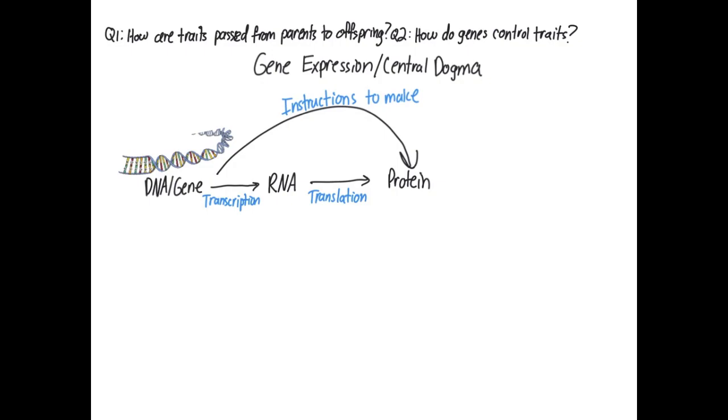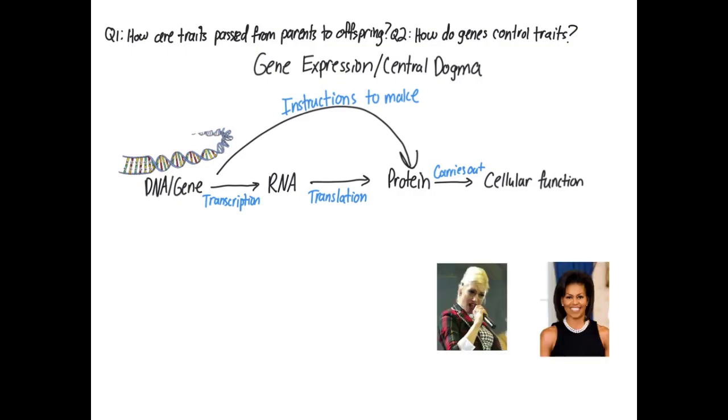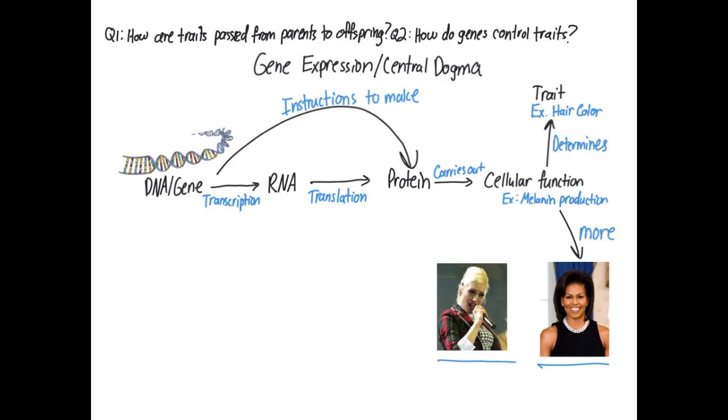This protein carries out a cellular function, some job inside the cell or sometimes even outside of it. In our hair color example, it would be the production of melanin, which is the pigment that makes hair darker. In our example, how much melanin a given person's proteins produce determines hair color, which is a trait. The proteins that Michelle's genes produce make more melanin than the proteins that Gwen's genes produce. This is why Gwen has lighter hair than Michelle.